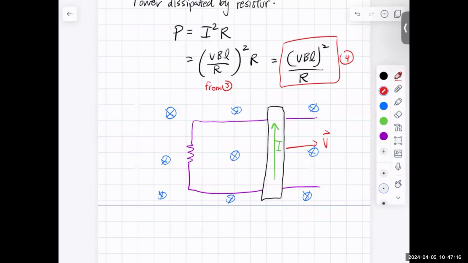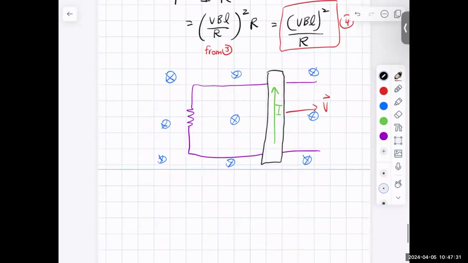And we were moving this rod with some speed or velocity v to the right. Okay, good. So the other thing that we might have thought about is, well, hold on. Now we have a current in this rod, and that current is in a magnetic field. And I know that magnetic fields exert forces on currents. So let's make a note of that.